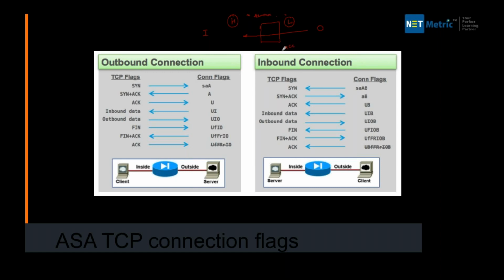After writing the access list, let's say the client is on the outside world, the zero trust world, and your server is in the most secure place of your production. If the client sends a SYN, it checks the access list. If it's allowed, it will reach the server. At that moment, the flag will be denoted as SAAB.